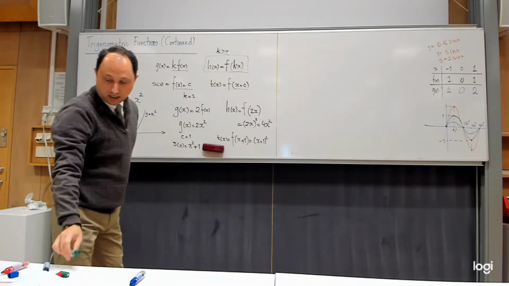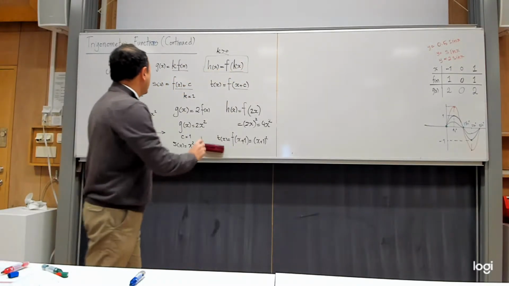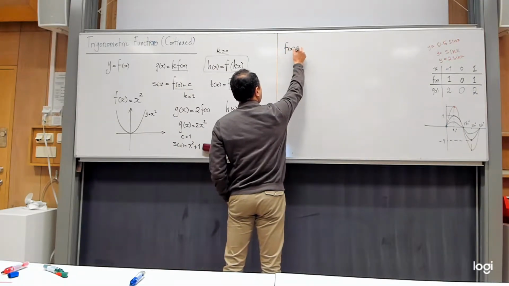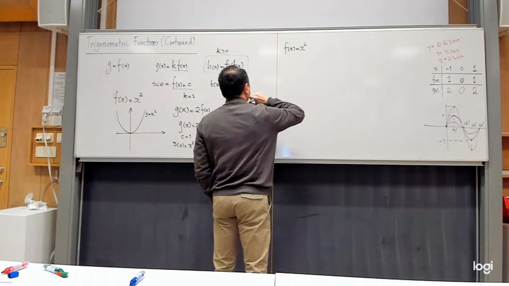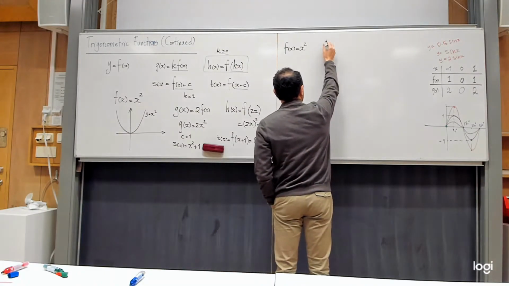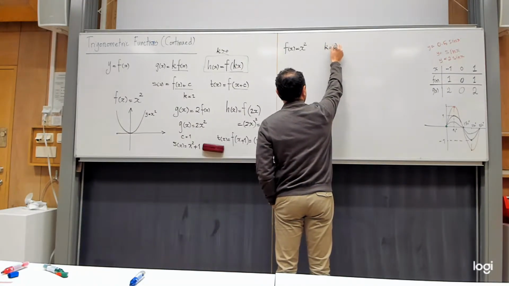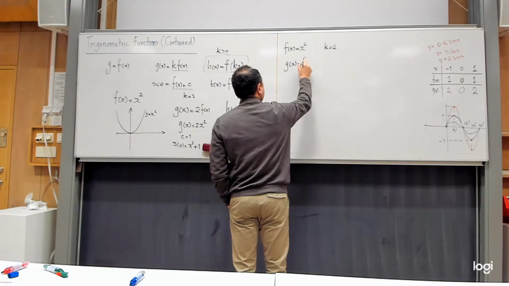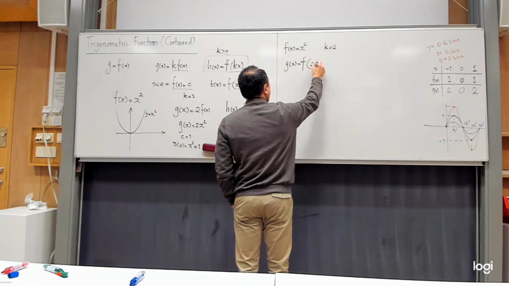Again, you want to understand it, so let me start with a concrete example. My function f of x is x squared. And let me for the time being take k to be 2 again. My goal is to find the graph of g of x, which is f of 2 times x.